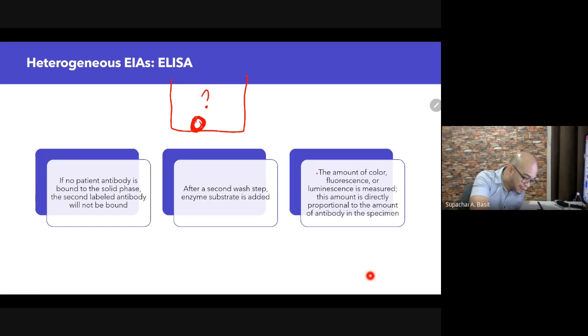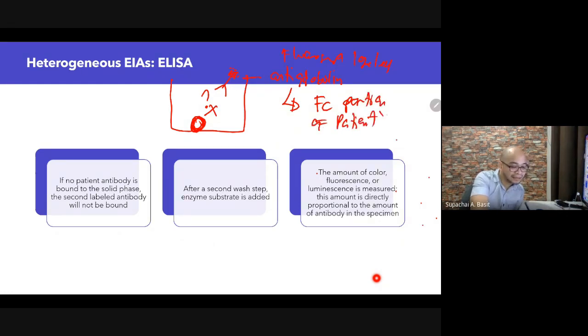Even if you add the enzyme-labeled antiglobulin, it will not bind, because it is designed to bind only at the Fc portion of the patient's antibody.